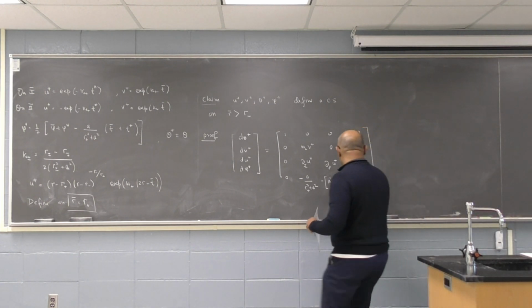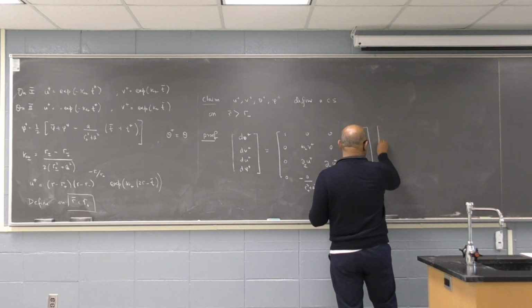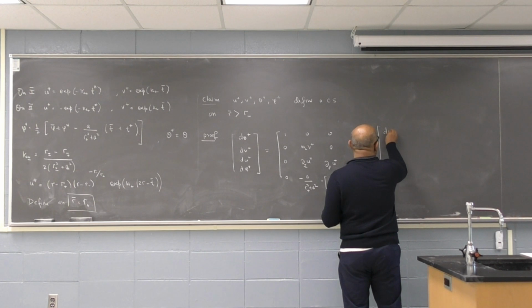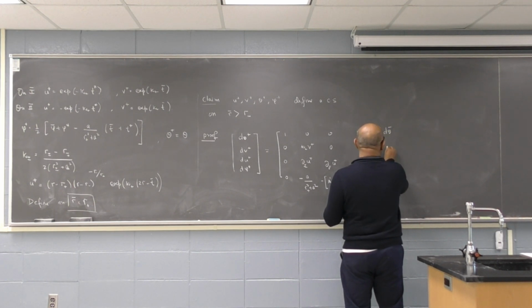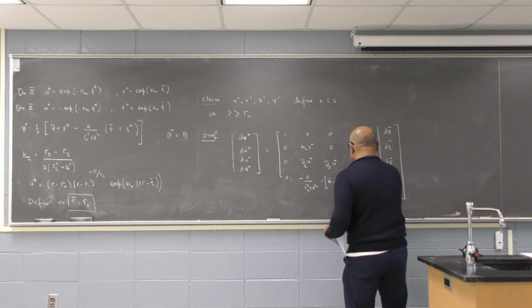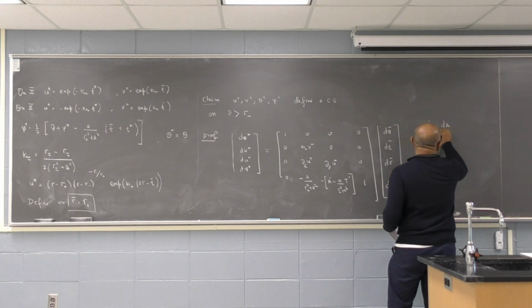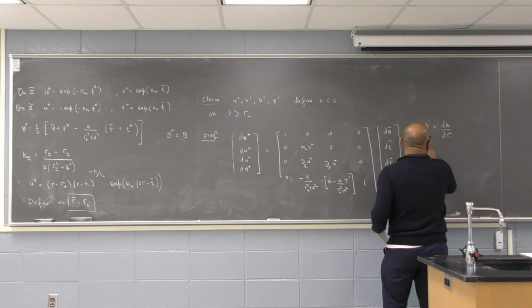This is t prime. d theta bar, dt bar. We'll see very quickly where this comes from. Nothing mysterious about this. Okay, that's that. And by this, it's just dA, dr, and t prime.